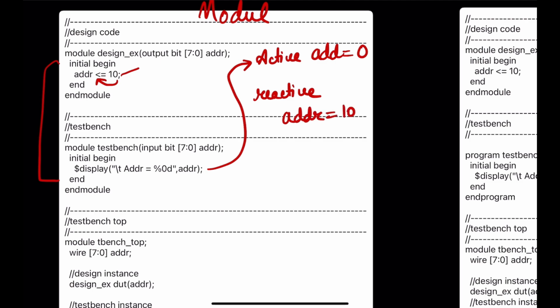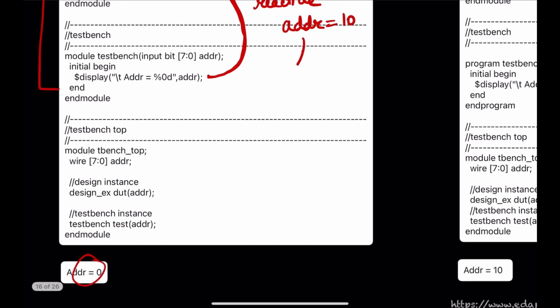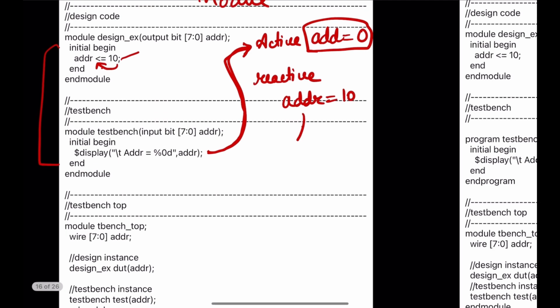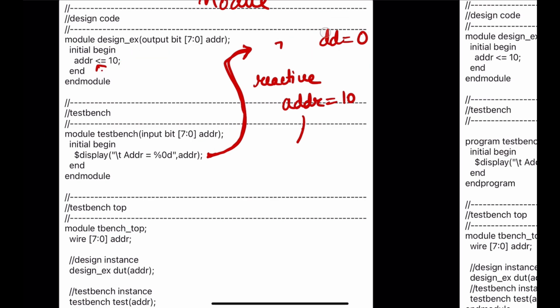Correct? So in the reactive region, the value of address will be 10. In active region, it will be 0. But we know that display statement will work in active region. So the output will be displayed as address equal to 0. Correct? Here we can see that there is a race around condition. The value should be displayed as 10, but output is 0. So this is a race around condition, and this can be resolved by using a program block.